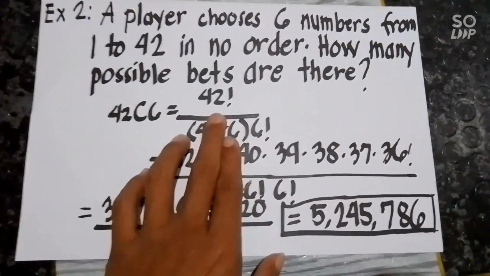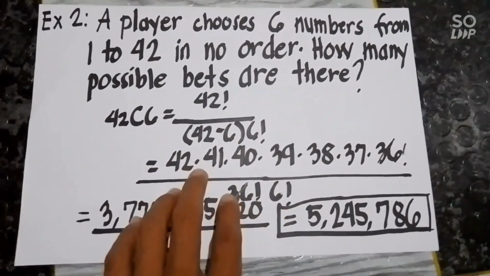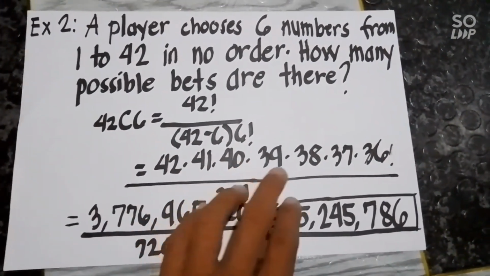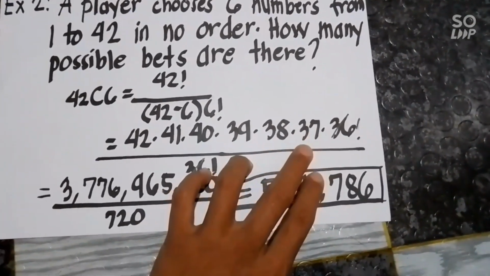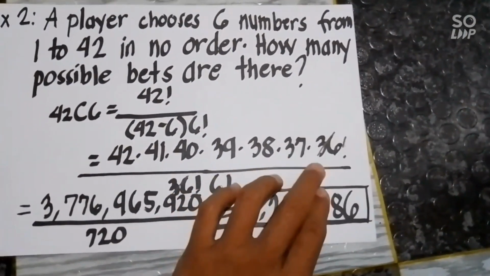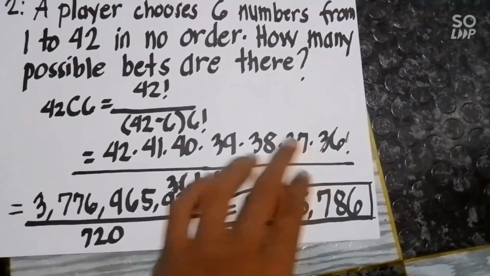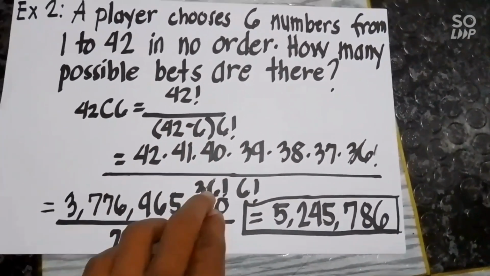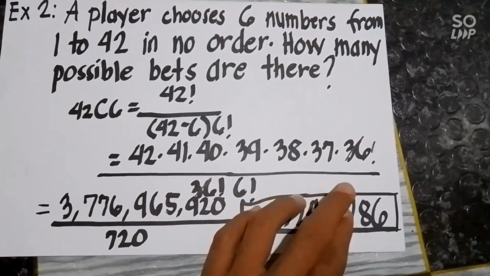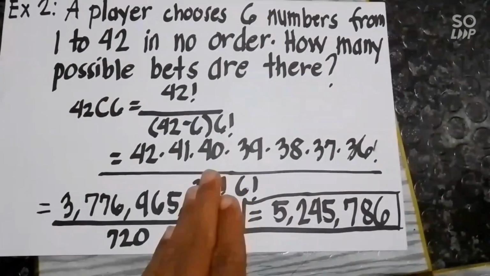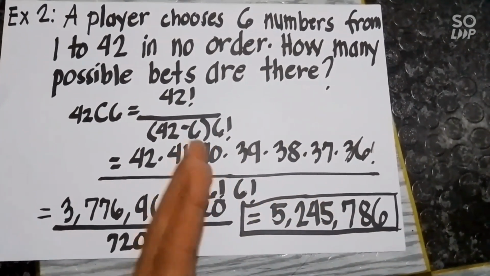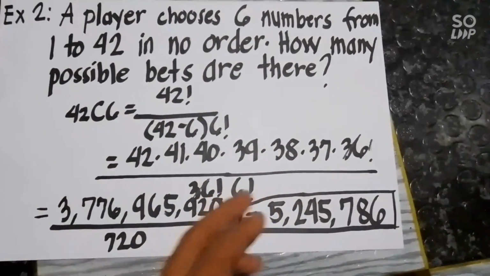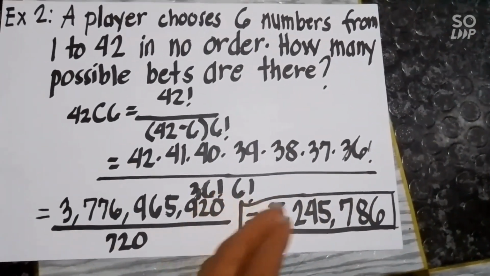So we evaluate 42 times 41 times 40 times 39 times 38 times 37, and we just end at 36 because the result of 42 minus 6 is 36. We eliminate the same number, 36 factorial.